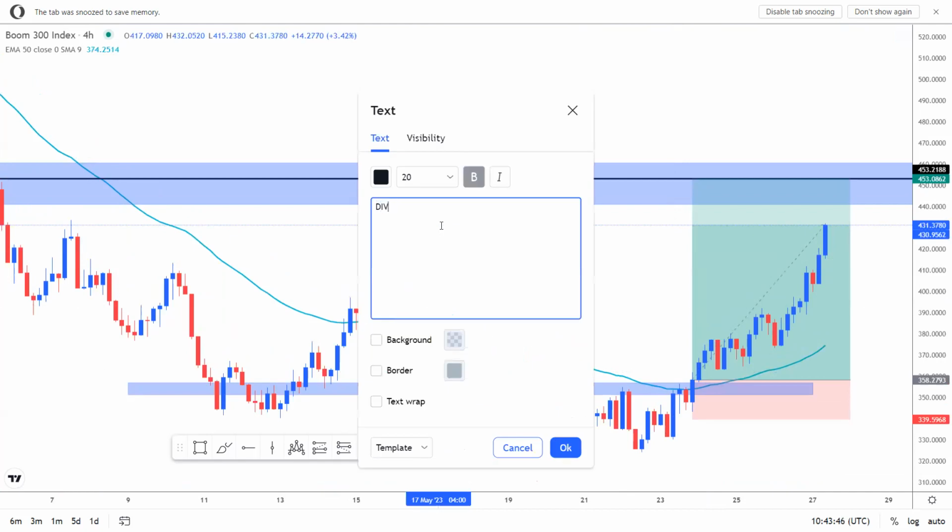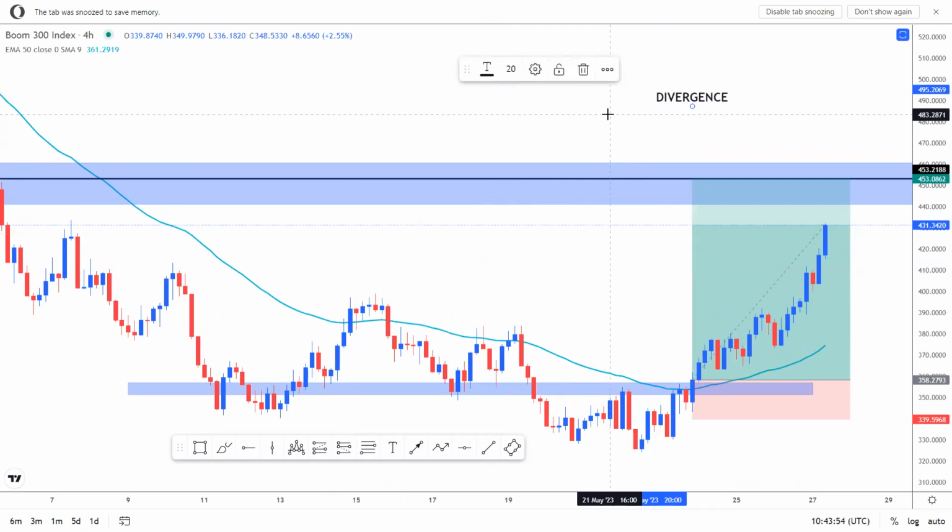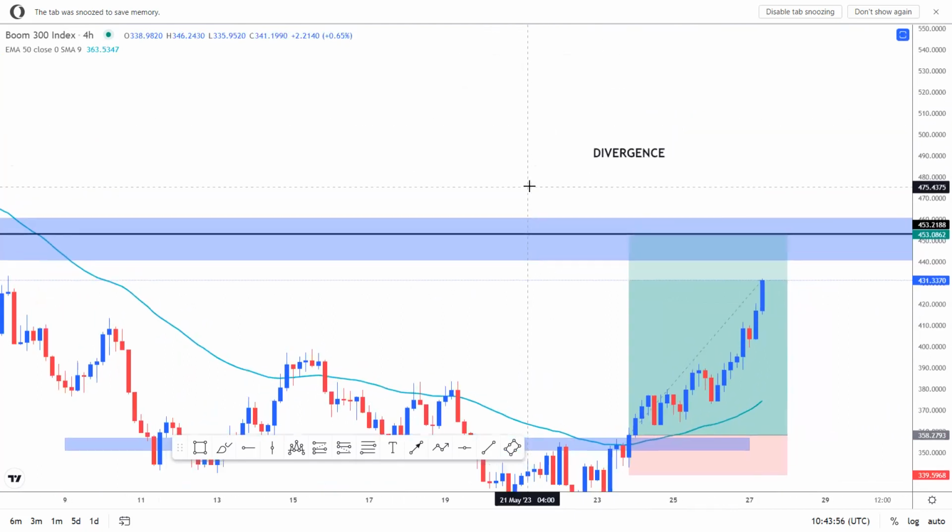So what then is divergence? Divergence is when price moves in the opposite direction to a technical indicator.